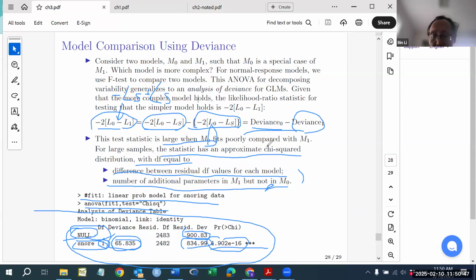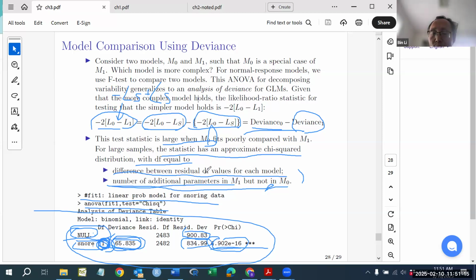So the difference is 65. Okay, and the p-value is this one, with the degrees of freedom being 1. Why is the degrees of freedom 1? Because comparing the null model and the snoring model, you can see the number of additional parameters added. We only added one parameter, the snoring information. So that's why it's 1.